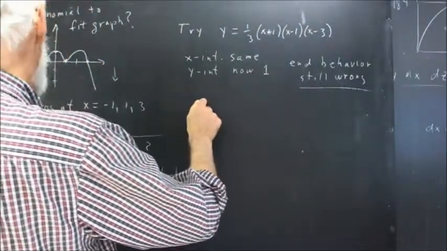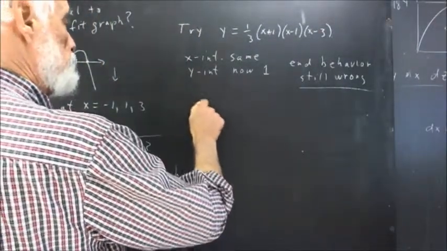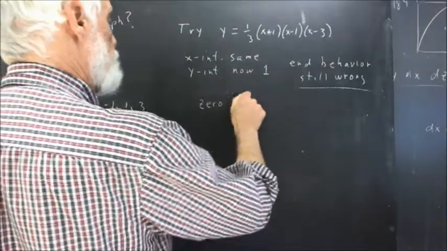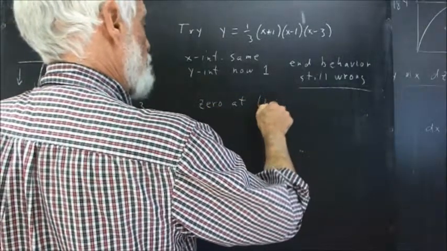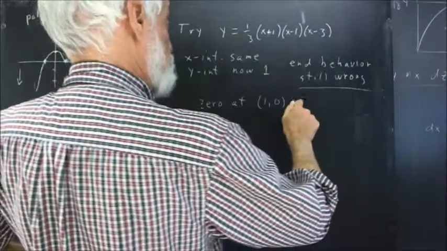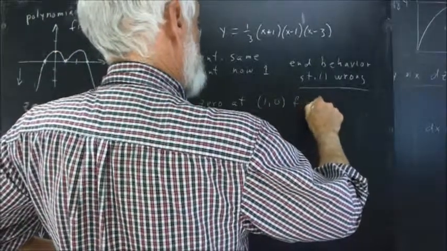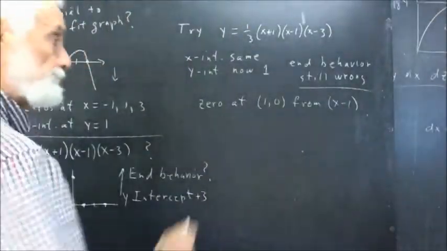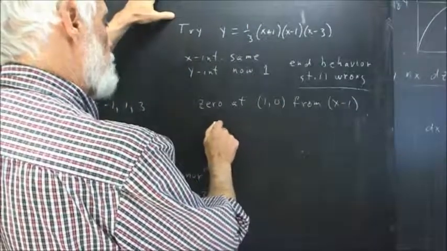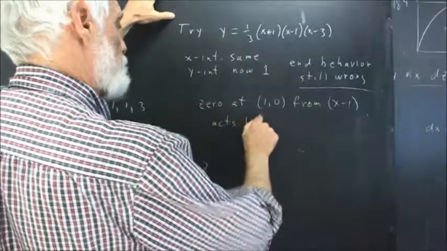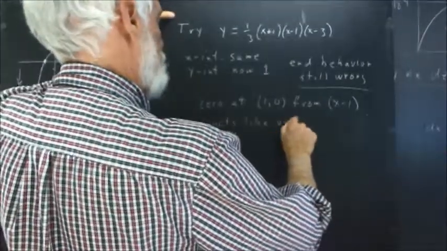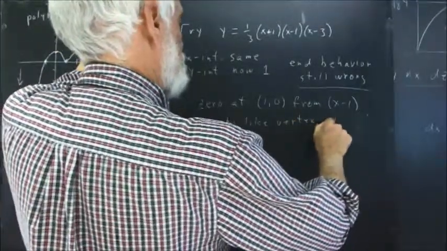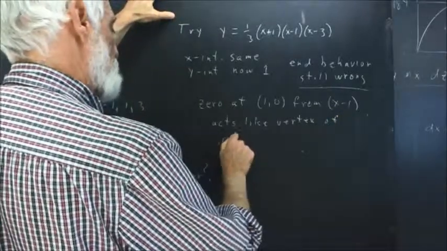Okay, we observe the 0 at 1. That 0 is from the factor x minus 1 and acts like the vertex of a parabola.